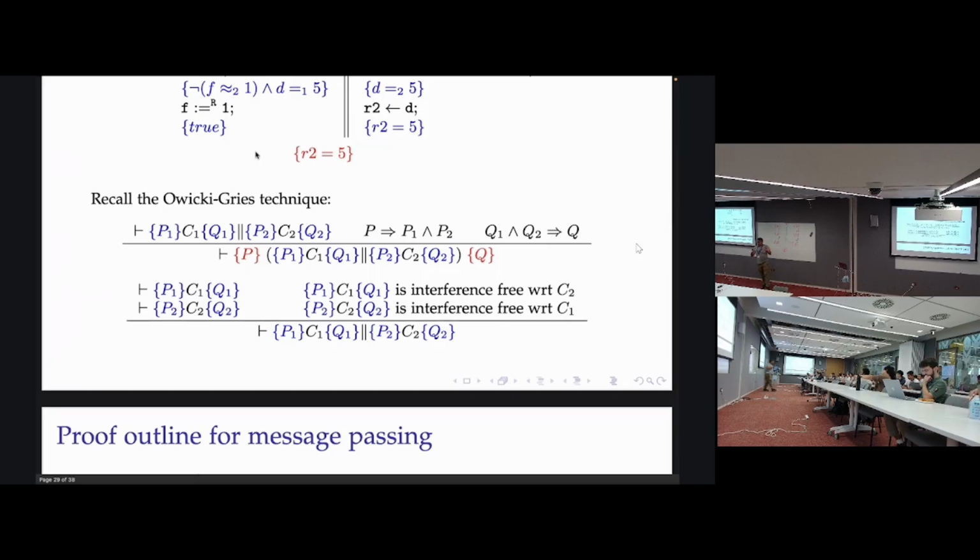There's nothing stopping the scheduler from scheduling the other thread at any point. So what happens if I'm here and the other thread executes? What's the problem? If it happens to interfere, there could be a race condition.